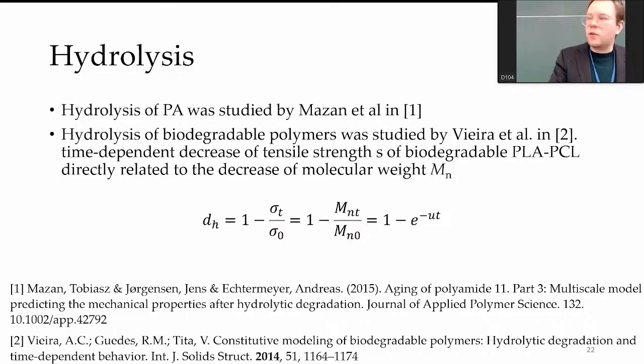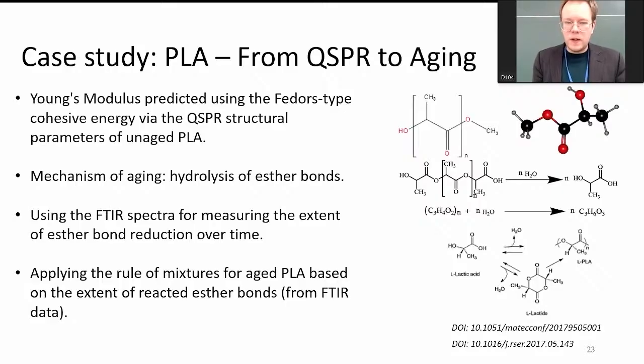They undergo hydrolysis with water, and it means that the reaction is typically non-reversible. So the properties can be lost over time until the material breaks down. So the hydrolysis can be predicted with such modeling ways, for example, the time-dependent decrease.